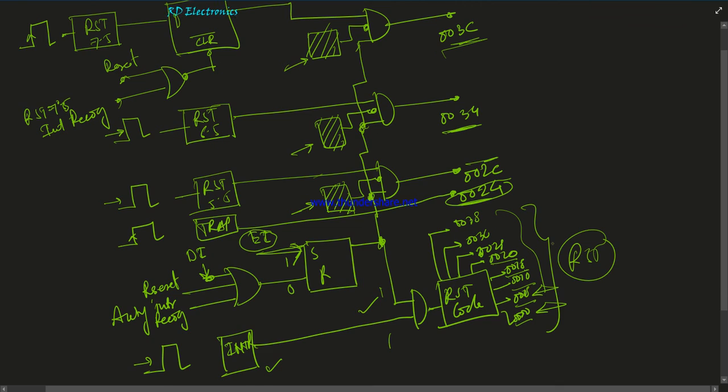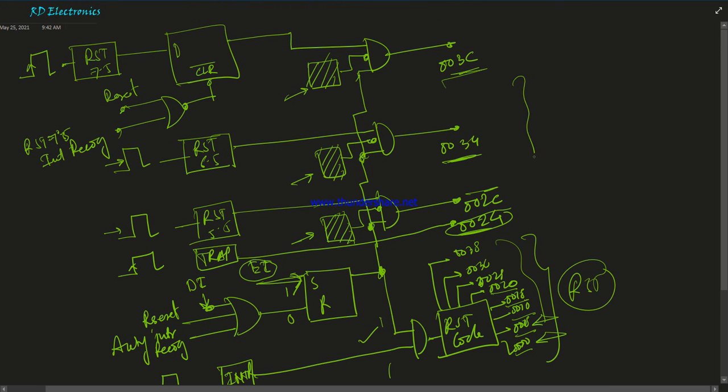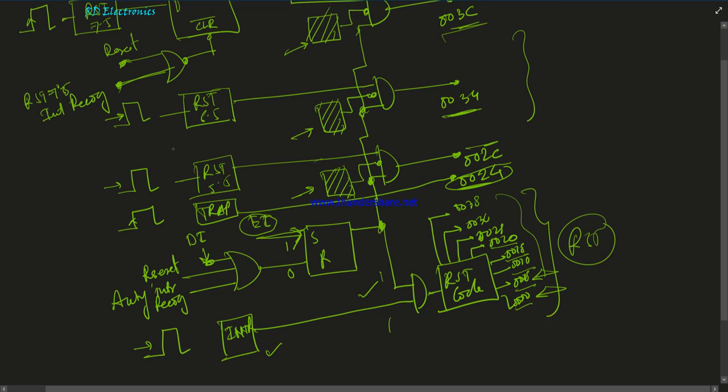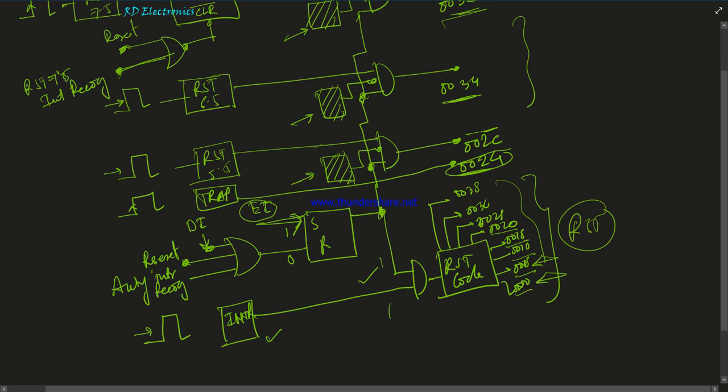This is for software interrupt purposes, and this is for hardware interrupt purposes. And one thing should be remembered: when this reset pin is activated, RST 7.5 is also disabled, and this pin is also known as RST 7.5 interrupt recognized. There are 2 pins available. This reset and the upper reset are common signals, and this is known as the interrupt recognized signal pin.